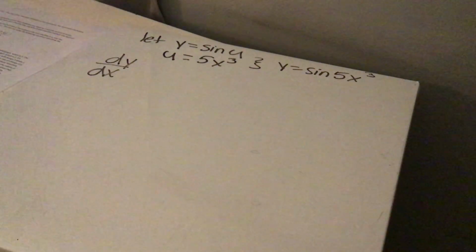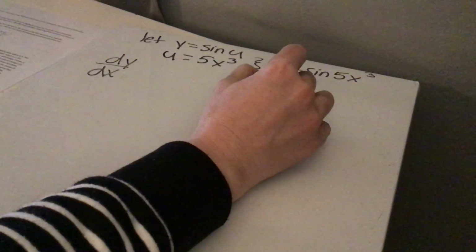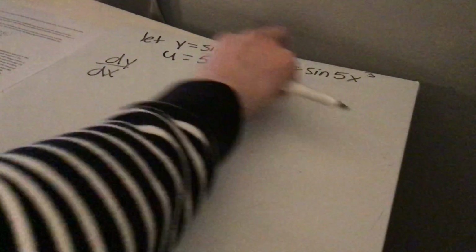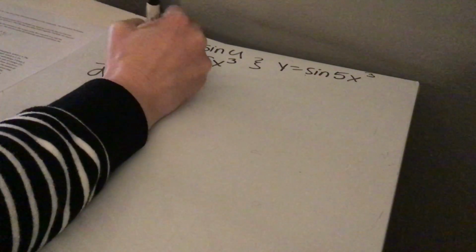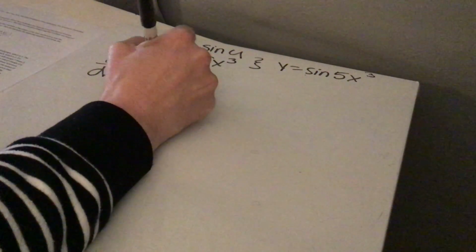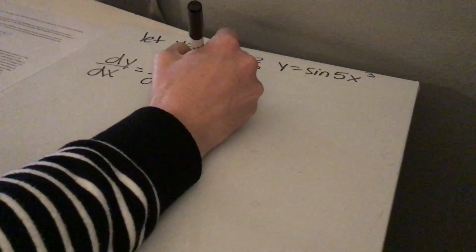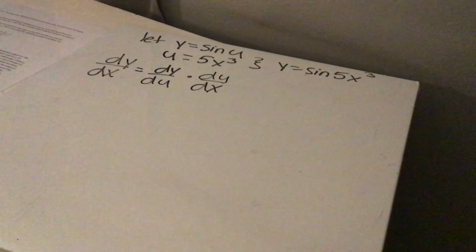The chain rule is when you have a function evaluated at a function. Sine is a function, and we're evaluating it at 5x cubed. The chain rule tells us it's the derivative of y with respect to u times the derivative of u with respect to x.